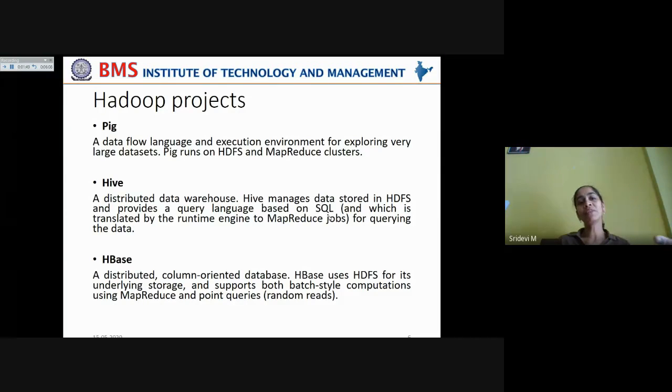Means HBase lies on the top, under which the HDFS architecture is maintained, and this HBase uses this HDFS architecture to store the data and supports both batch style computations using MapReduce and also point queries which use random reads. HBase supports both MapReduce as well as point queries, which actually run on RDBMS. That is on relational databases.